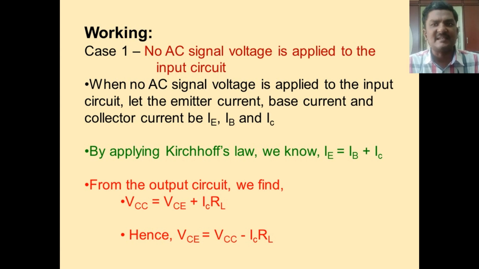In any transistor, IE equal to IB plus IC, where IE is emitter current, IB is base current, IC is collector current. This can be written on the basis of Kirchhoff's first law, also named as Kirchhoff's current law. You learn it in current electricity chapter.